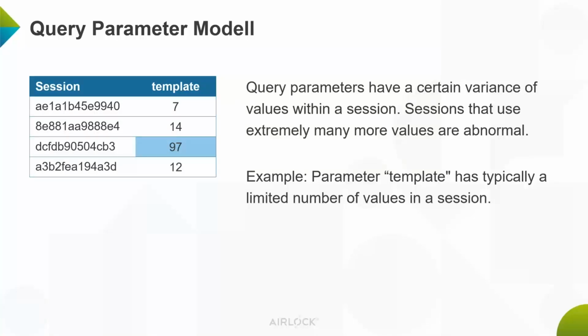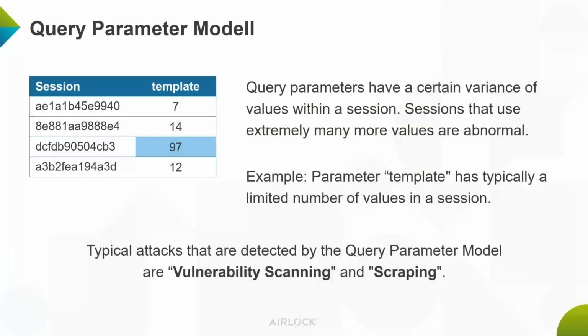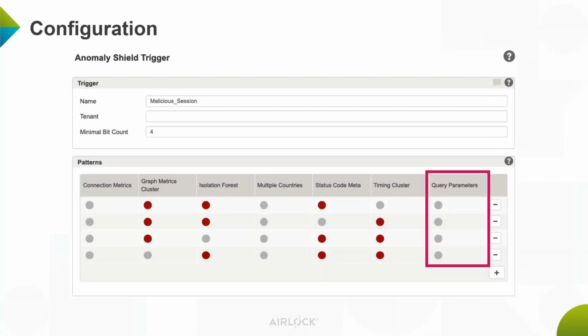But if a scanner is probing or scraping your website, those values might be more different, and you have a higher count here. You can use that in the Anomaly Shield configuration as a trigger, and if that happens, you can block this kind of bot.